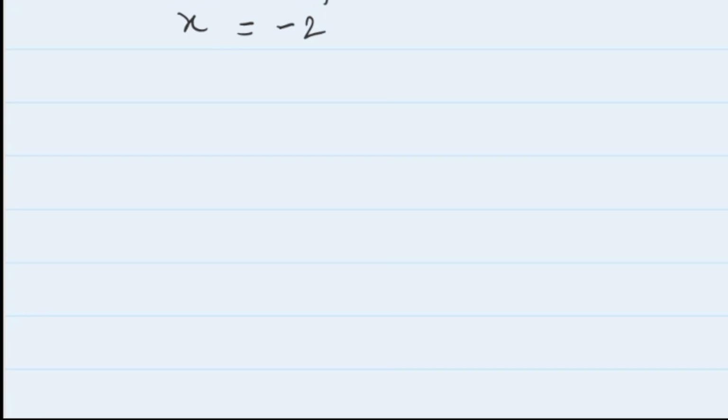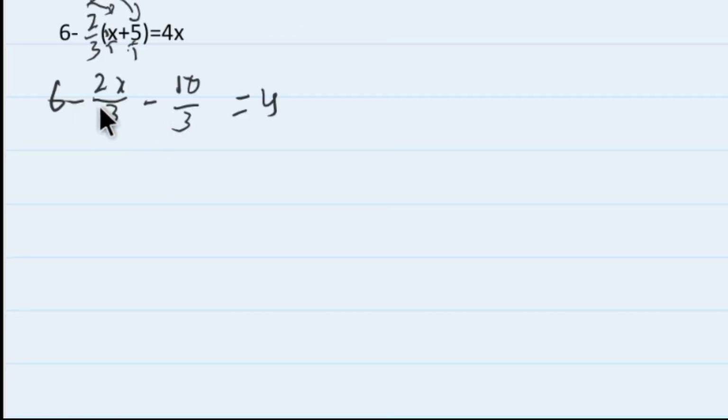Now the next step is to multiply both sides of the equation by their least common denominator. A simple method to find the LCD is to find the LCM of all the values that are in the denominators.